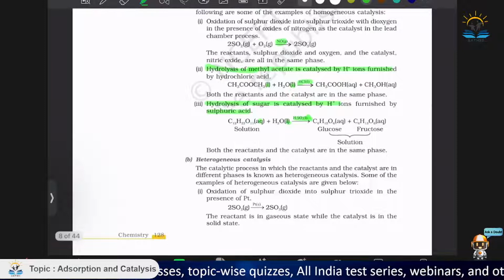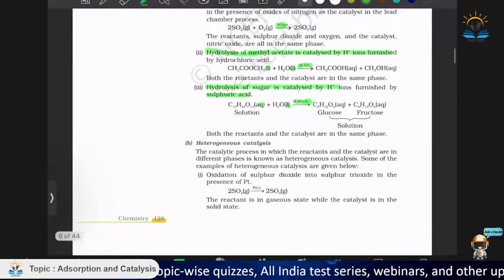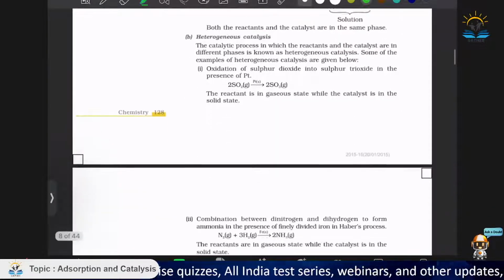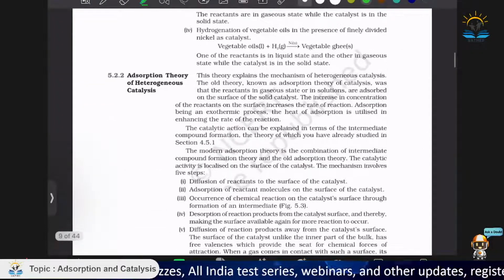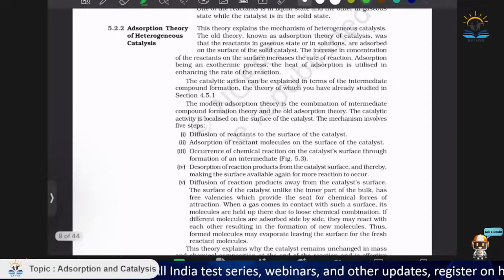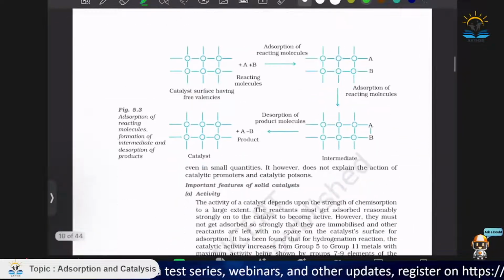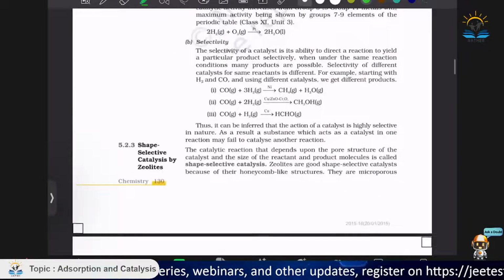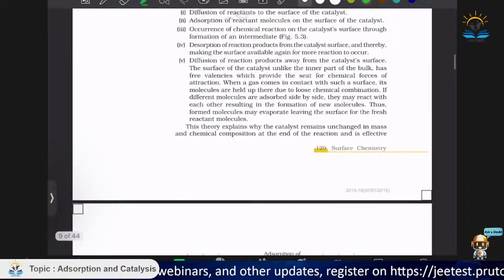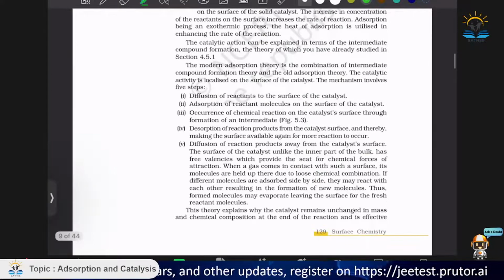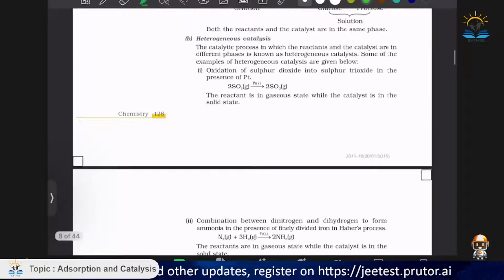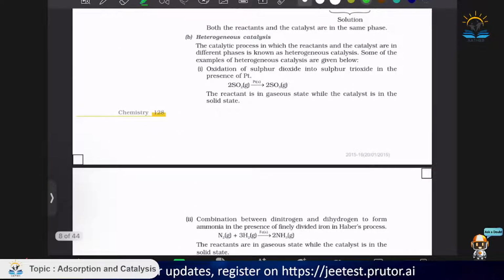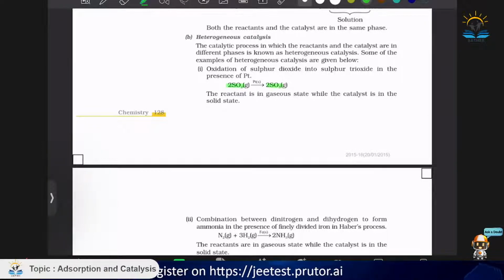Then comes the heterogeneous catalyst. This is explained with the use of adsorption theory. We will see what this theory says. But before that, we'll go to different examples. First example is SO2 oxidation to SO3 in presence of solid platinum.